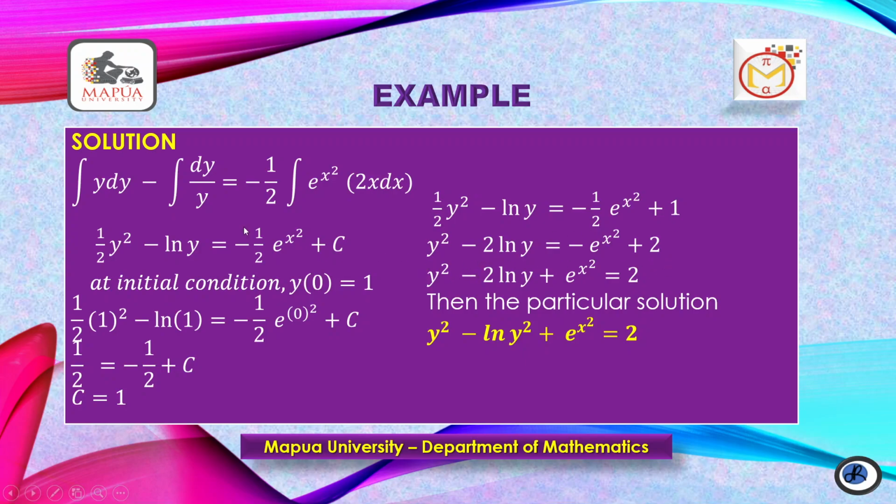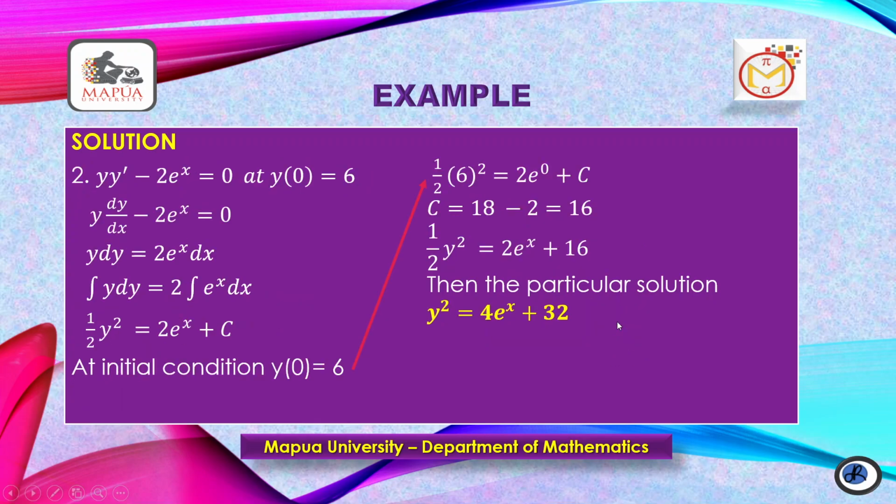We can also simplify this as y squared minus ln of y squared, because by the logarithmic rule, we can express the coefficient as an exponent. And then plus e raised to x squared, and this is equal to 2.